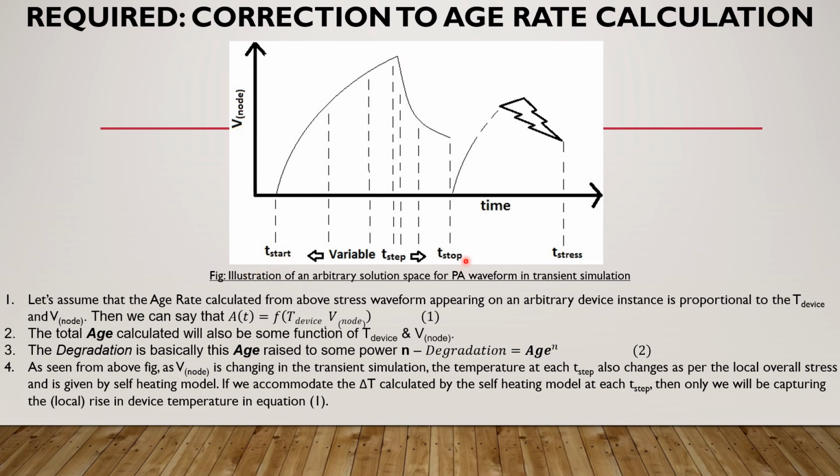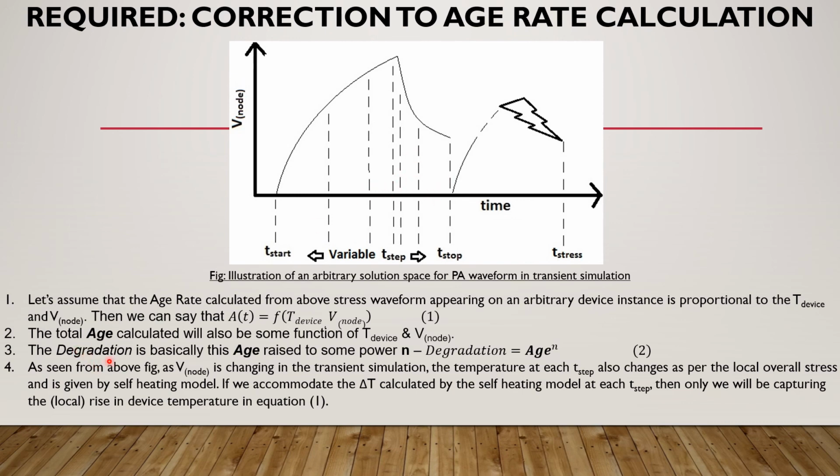This is a T start, this is a T stop, and this is taking into account a variable T step. This T start and T stop is different from the T start and T stop I explained in the age rate calculation. This is just one time period of the waveform, and inside that I am showing the variable T steps now.